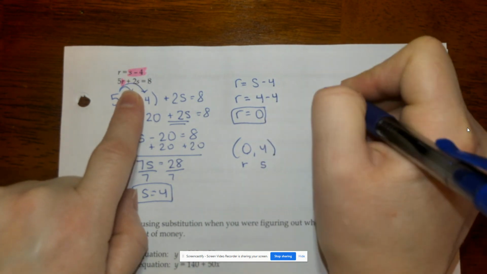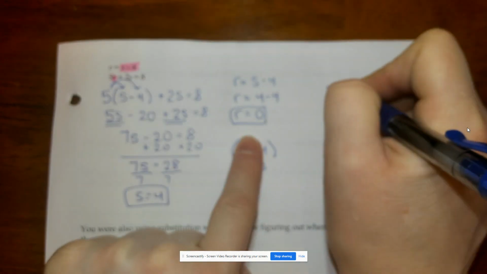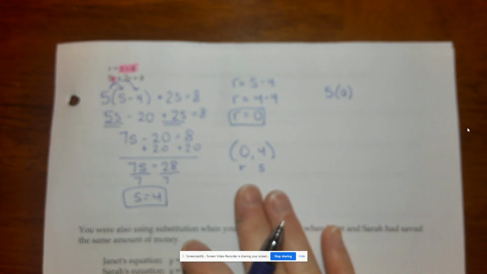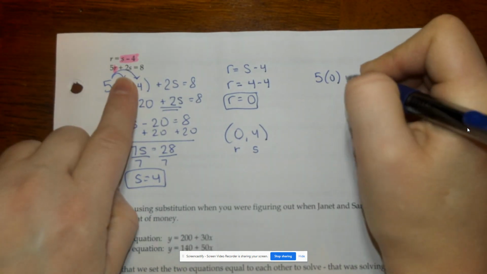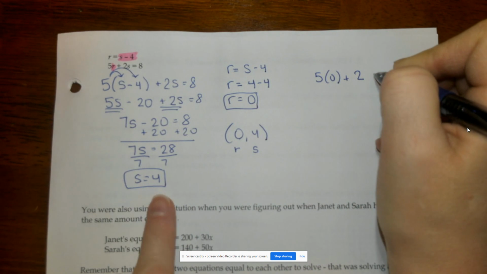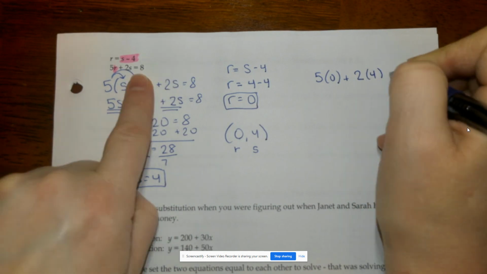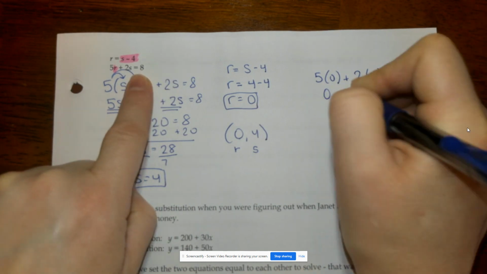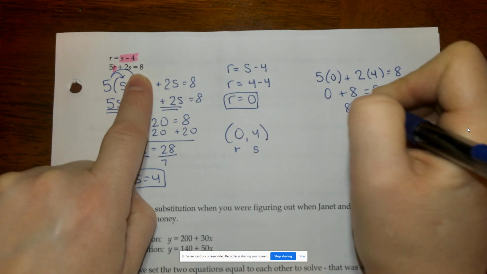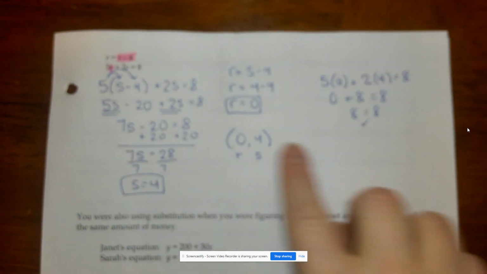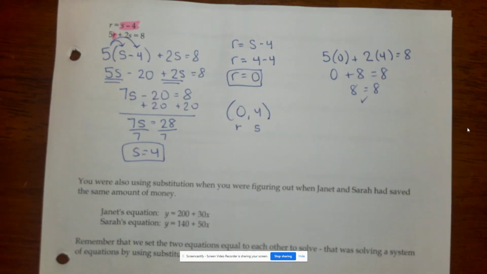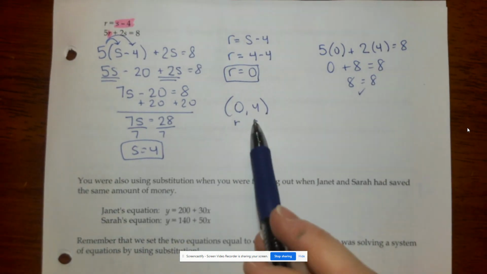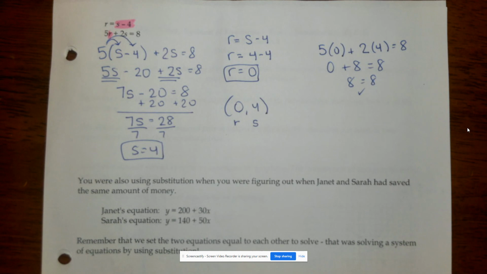I can also check 5 times the r value of 0 plus 2 times the value of s. We said that s was 4, and does it actually equal 8? So 0 plus 8 does in fact equal 8. So that coordinate, r equals 0, s equals 4, is the solution to our system.